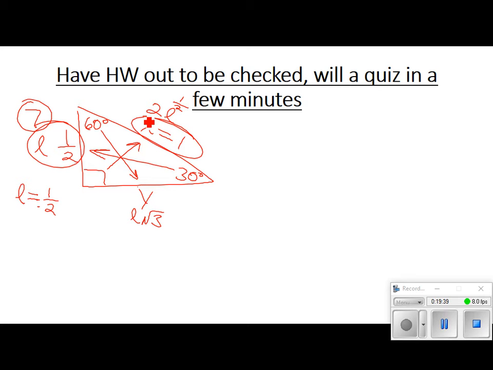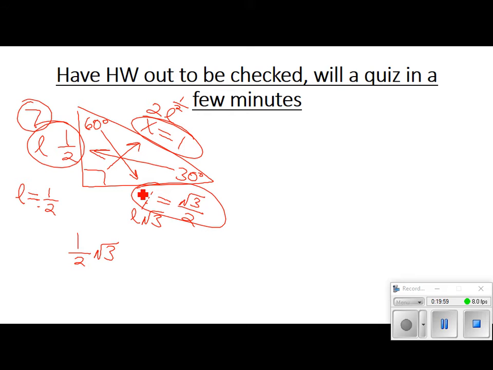Down here we stick in 1/2. Can we multiply 1/2 times the square root of 3? No. Now I'm going to show you the best way to write it. We could write it 1/2 times the square root of 3, and that's fine. A better way is square root of 3 over 2. It means the same thing.